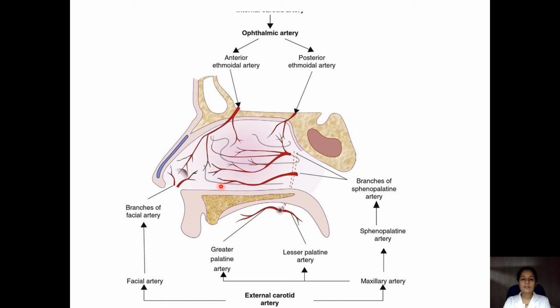In the anteroinferior portion of the septum, the anastomosis between the internal and the external carotid artery is Little's area or Kiesselbach's area. This is the most common area for epistaxis in the pediatric age group, in children who have a constant habit of nasal picking or recurrent episodes of URTI, which inflame this region of the nasal mucosa and cause a transient bout of epistaxis.